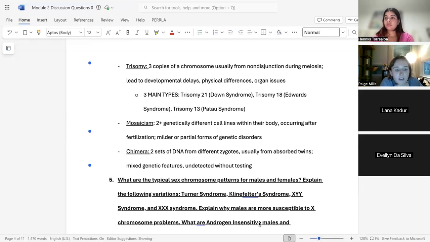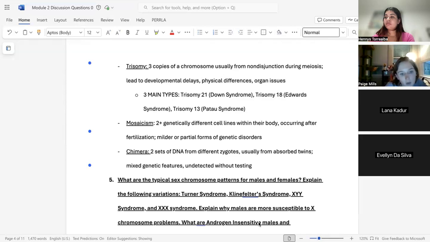Then going into mosaicism, this is two or more genetically different cell lines within the body occurring after fertilization. This means there's milder or partial forms of genetic disorders. So you can have a mosaic form of Down syndrome and not have as severe symptoms or traits.